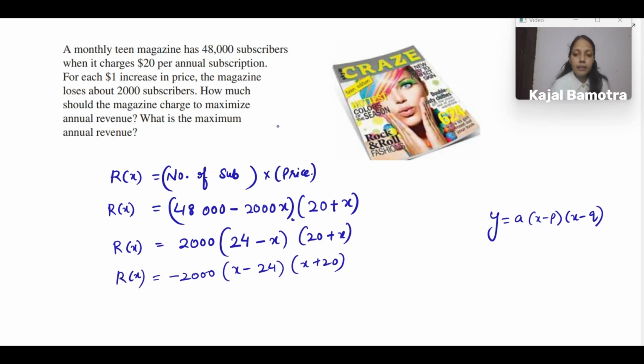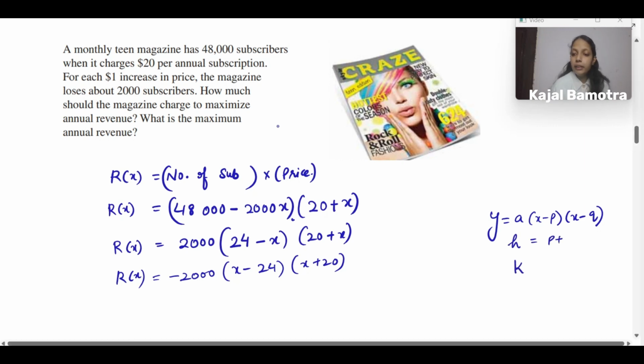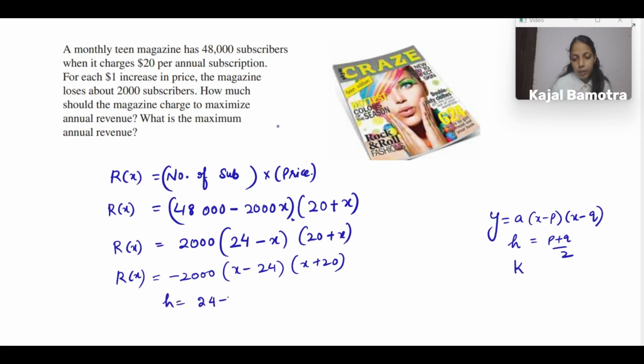In the x-intercept form, the vertex is h comma k. What is h? p plus q over 2. So h is 24 minus 20 over 2, 4 by 2, which is 2. The h value is 2, so it gives you the increase in price of $2.